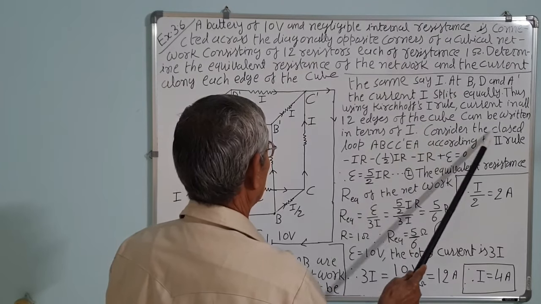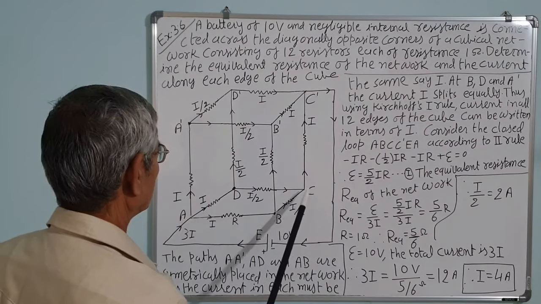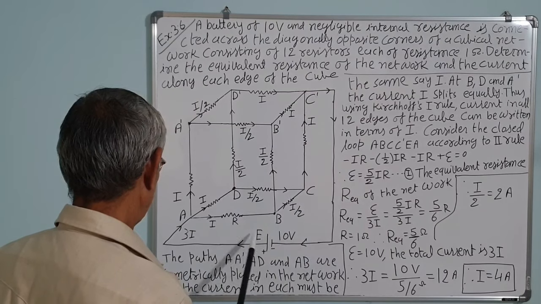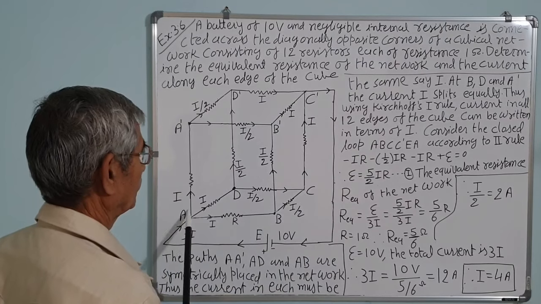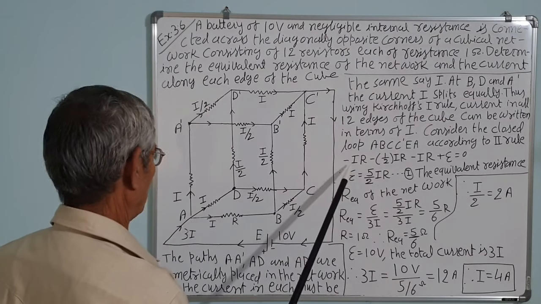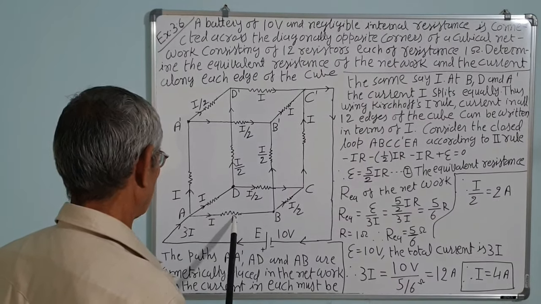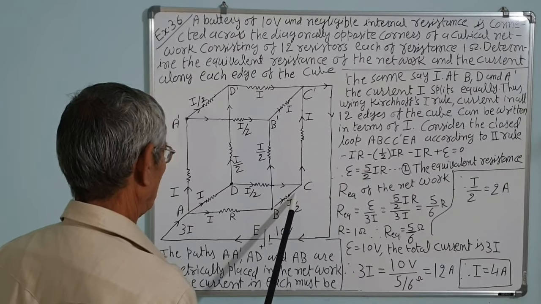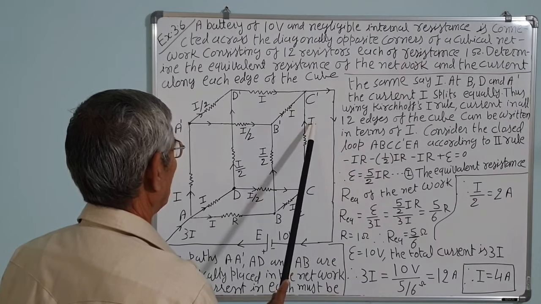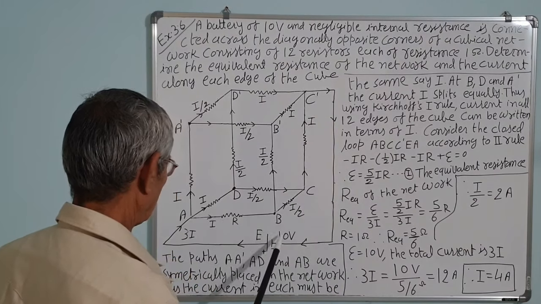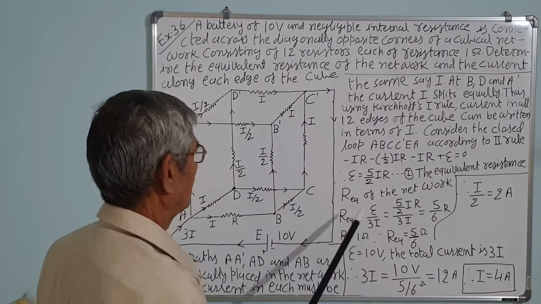Consider the closed loop A, B, C, C dash, E, A. Correct? This loop. According to Kirchhoff's loop rule, minus IR, correct, in the current direction the potential drops, that is minus R into I by 2 minus I into R, and this is potential from negative to the positive terminal, that is plus 10, correct.